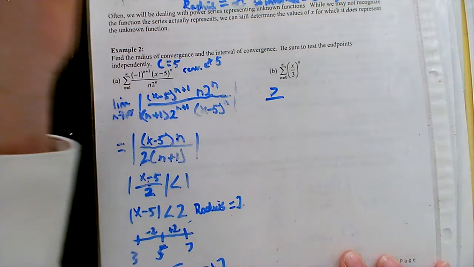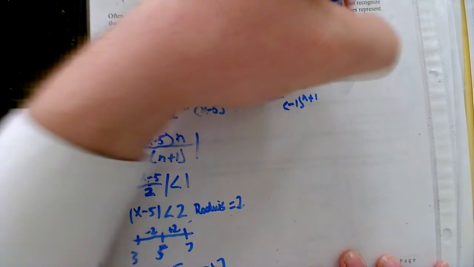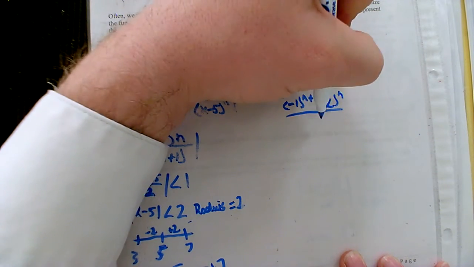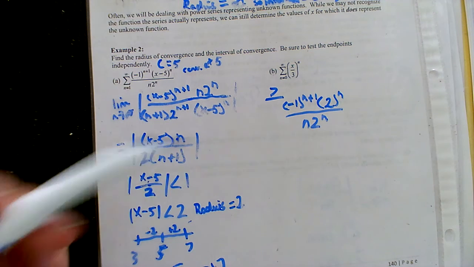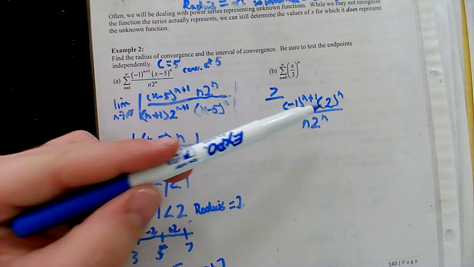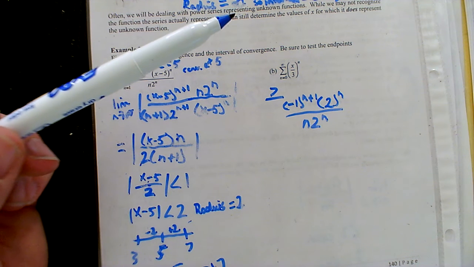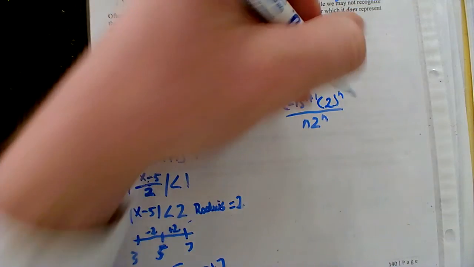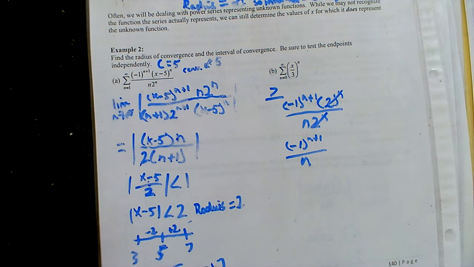So take the original, -1, okay. This is the original, plugged in 7, so we have +2 now. Do we have to do any work, or can we cancel right away? Yeah, cancel right away. That leaves us with -1 to the n plus 1 over n.